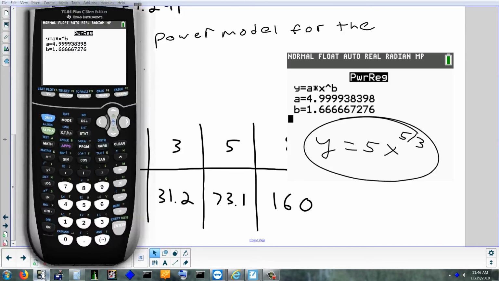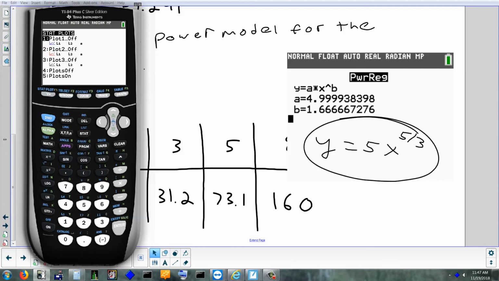Okay, so what you have here in this table, that's a scatter plot of data. So what I'm going to do is press second, y equals. I can do up to 3 scatter plots at the same time. Okay. I'm going to do one set of data with x's and y's.